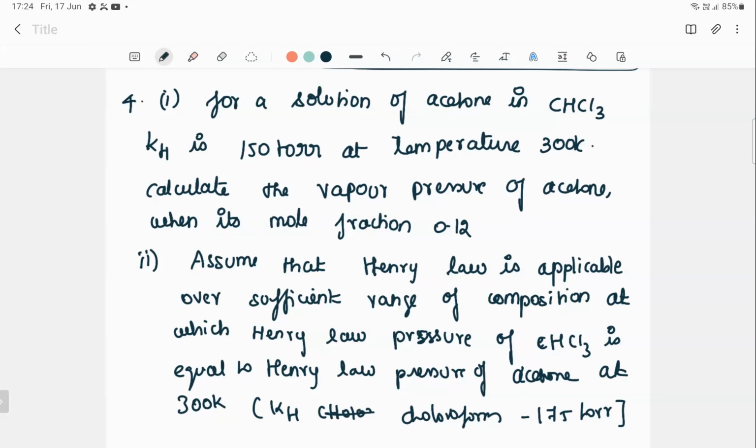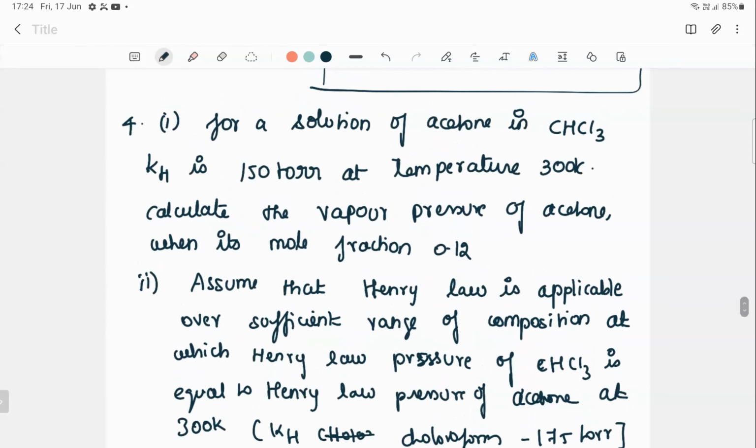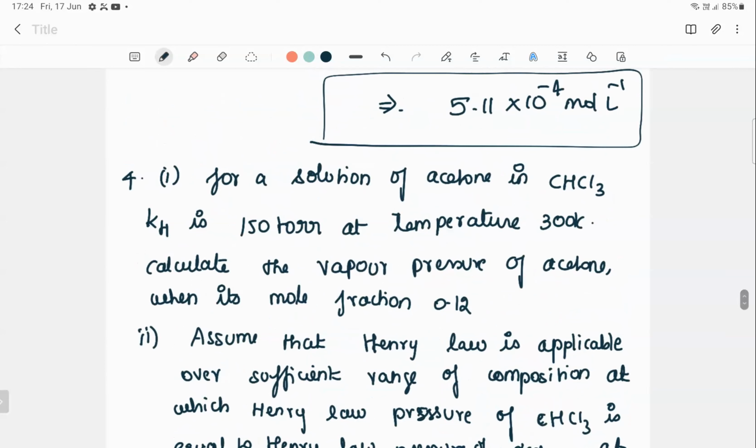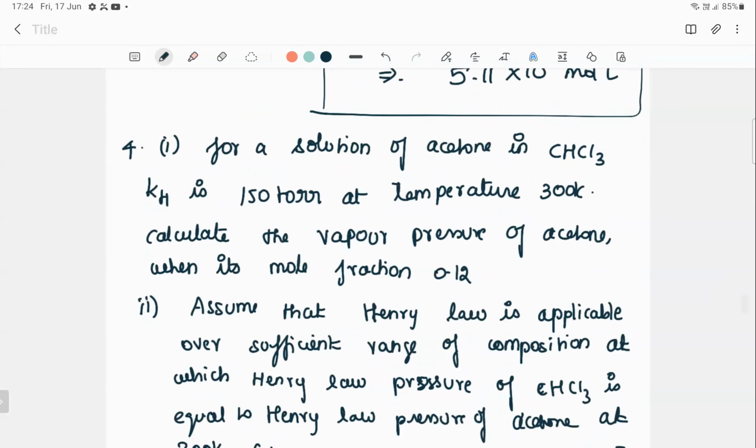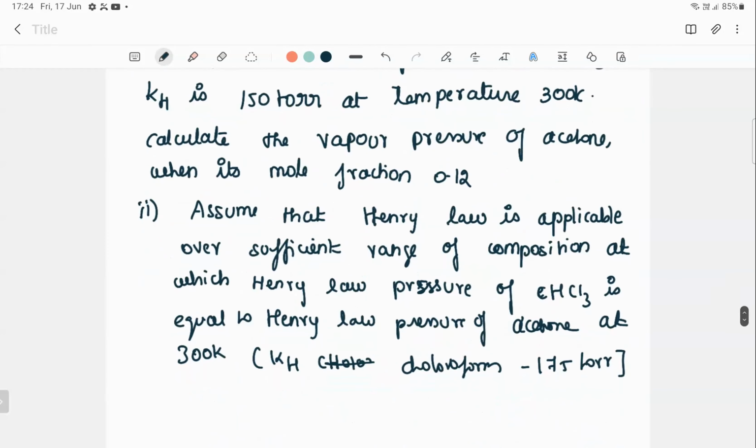What is the first one? 80. What does the second one say? The Henry law pressure of chloroform is equal to the Henry law pressure of acetone. So here definitely you have got the pressure of the acetone, right? Substitute here. What is composition?